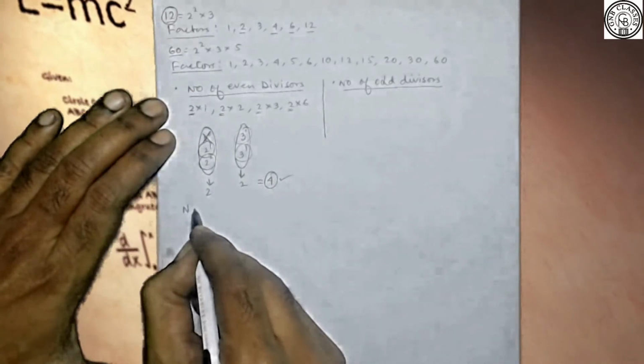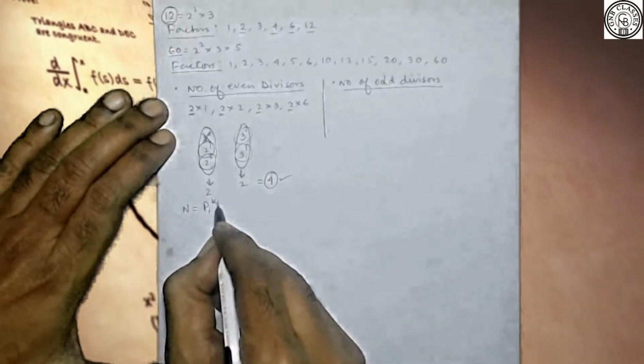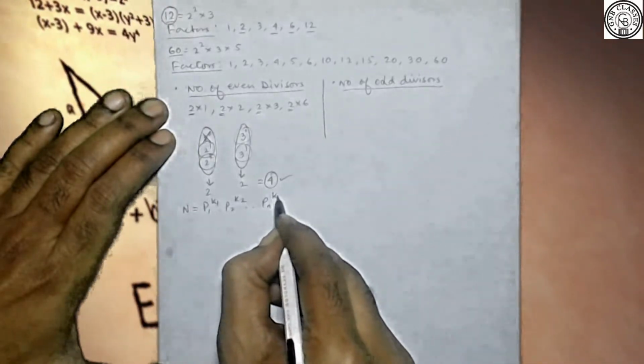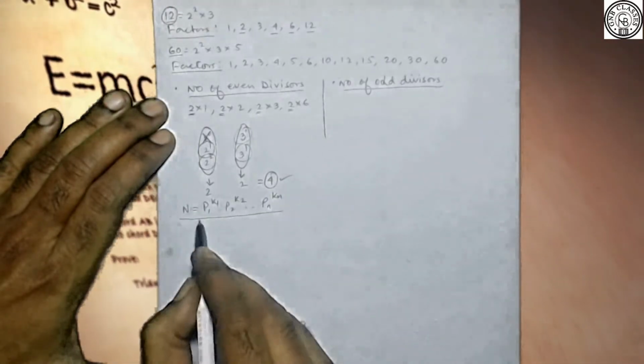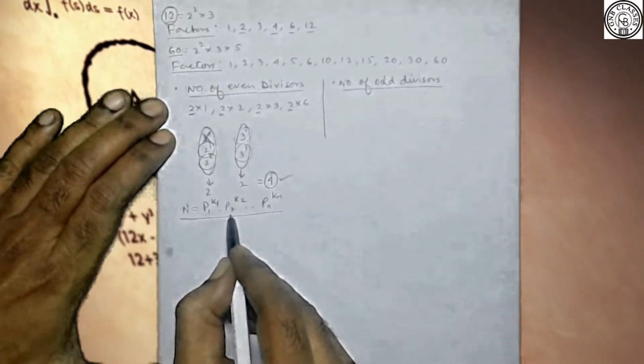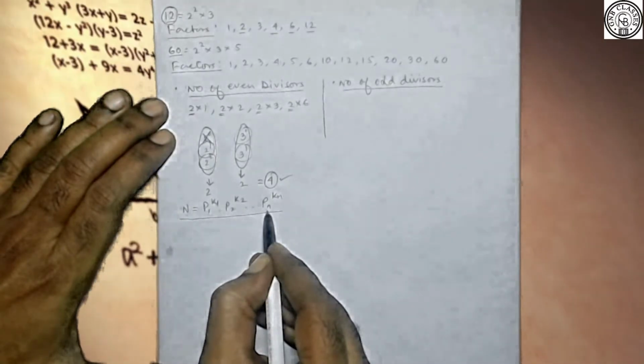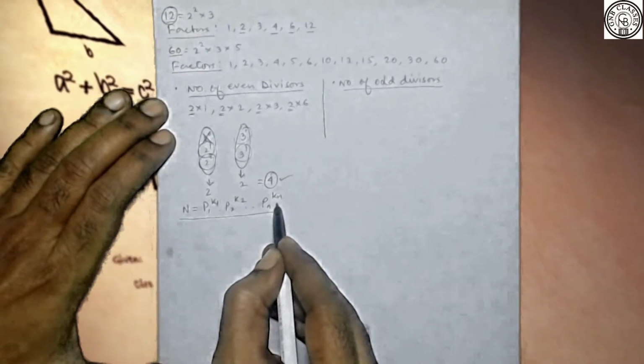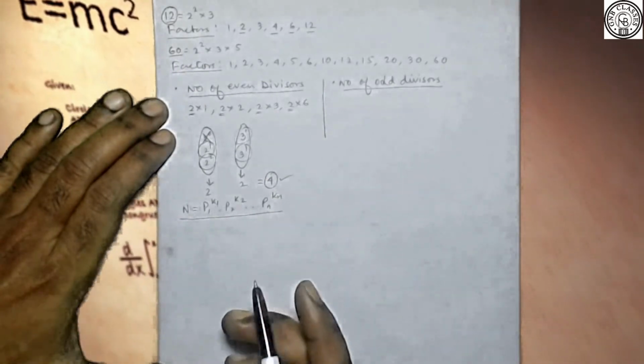Suppose this is the natural number which I have expressed in prime factorization, where P1, P2, Pn are distinct primes and K1, K2 till Kn are whole numbers.